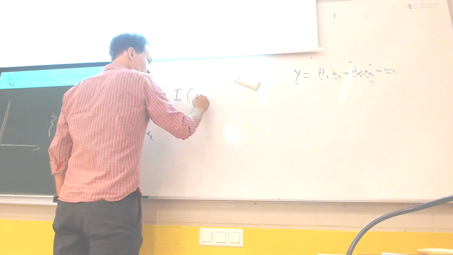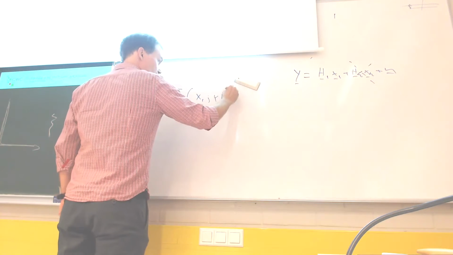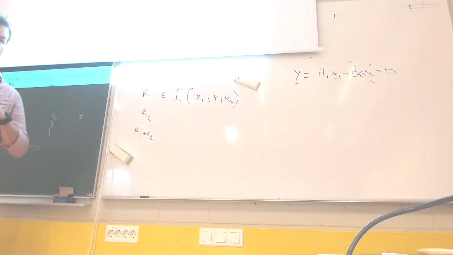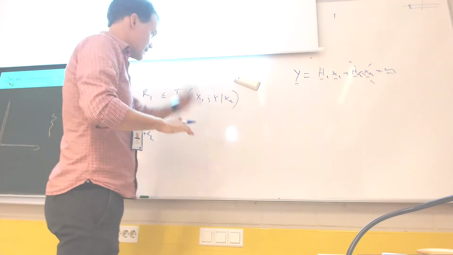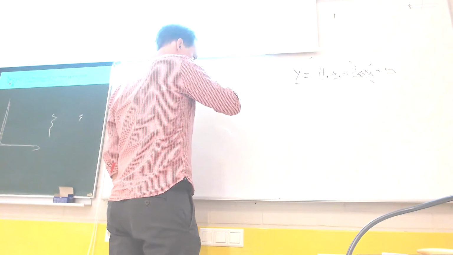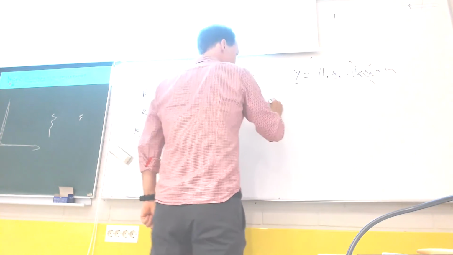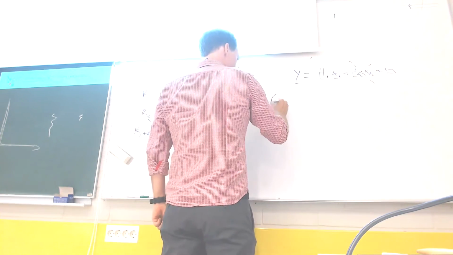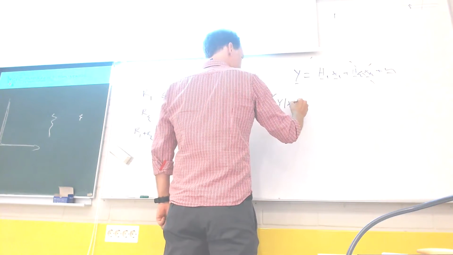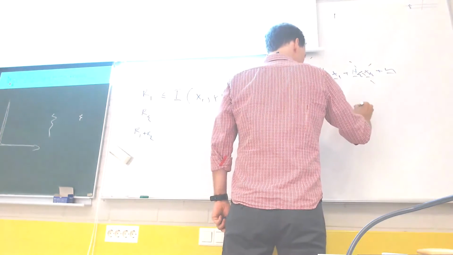This would be the mutual information between x1 and y given x2, right? x2 is removed. Y given x2, no uncertainty from x2. So you can write this as h of y given x2 minus h of y given x1, x2.